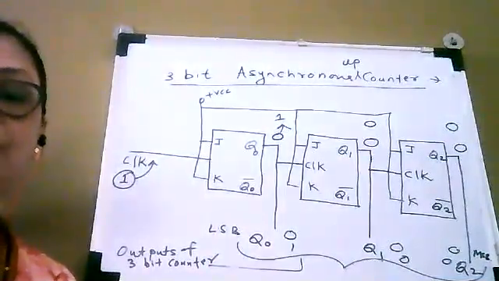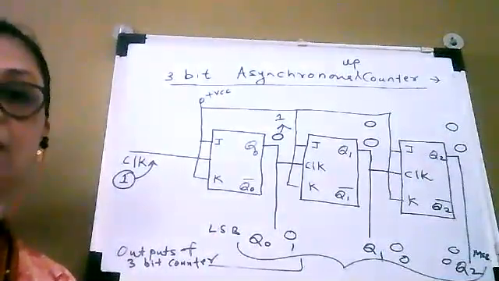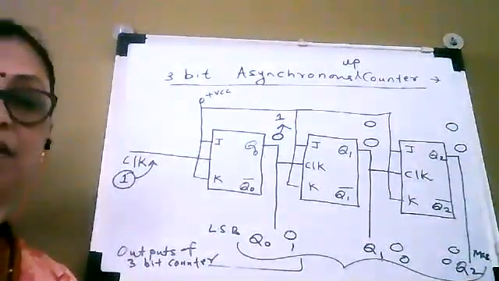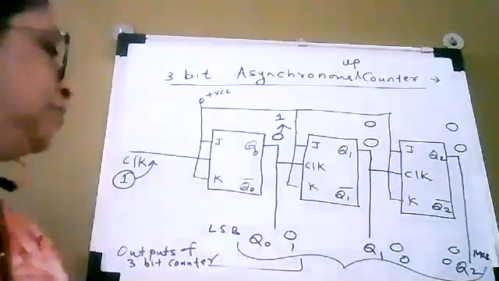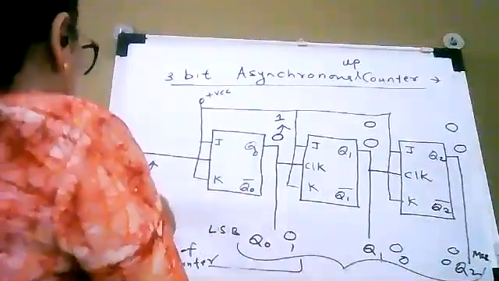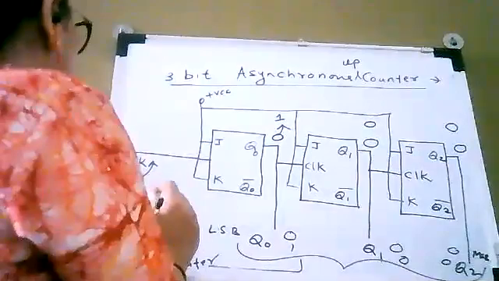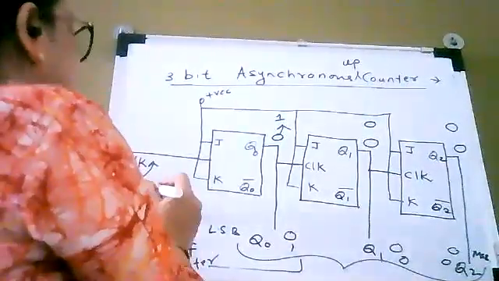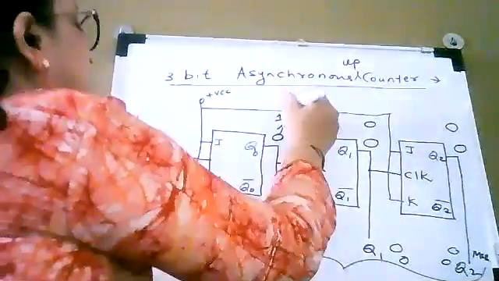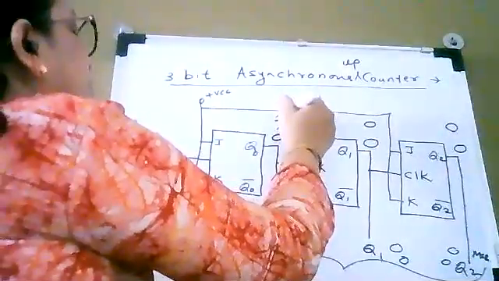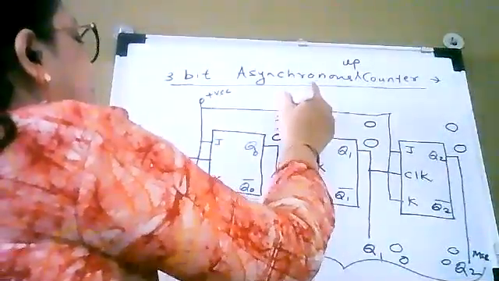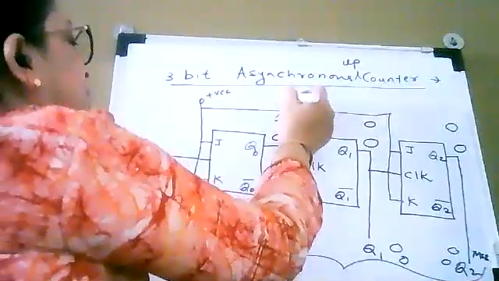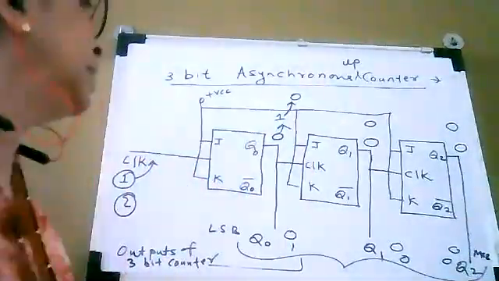Now let us see what happens when the second clock signal is applied. The first flip-flop will toggle and change the state from 1 to 0.